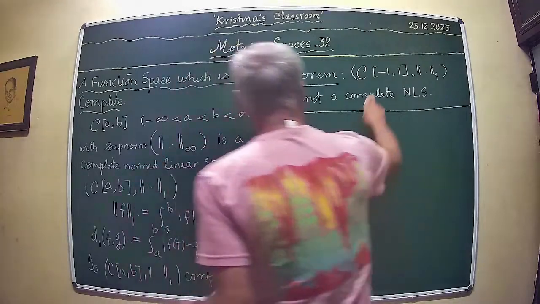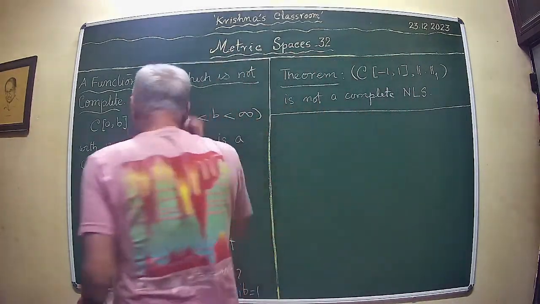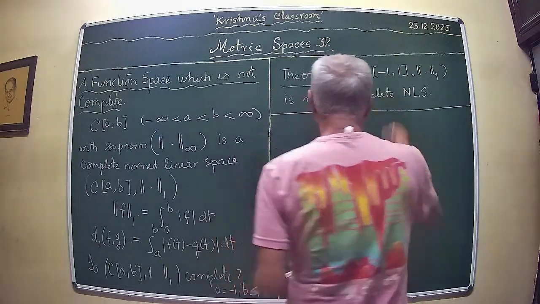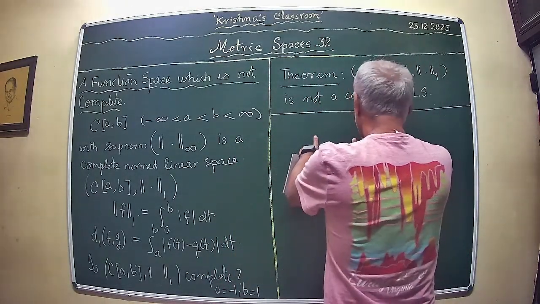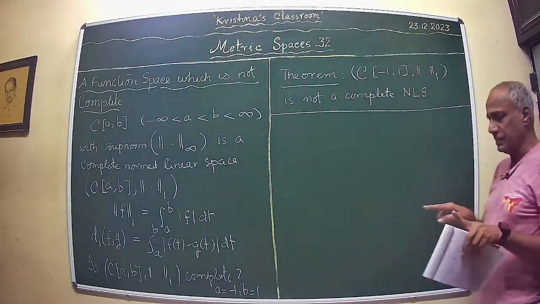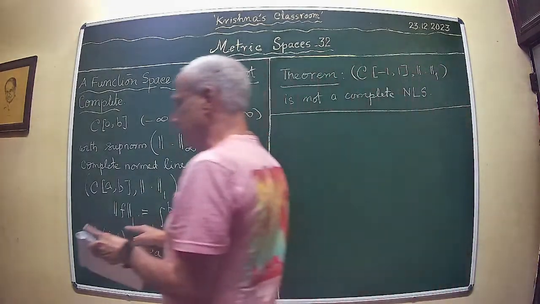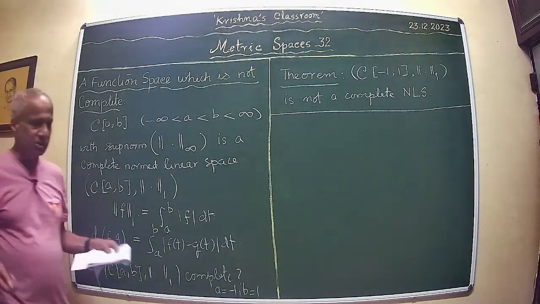Now this choice has been purely for convenience. You see, it's quite easy to rework the whole thing. For if you have an interval [a,b], then to go from there to minus 1 to plus 1, it can be achieved through a translation and a dilatation. These are continuous maps.